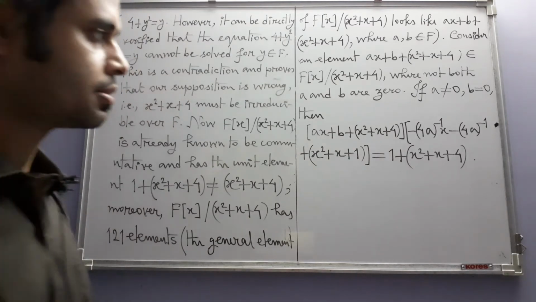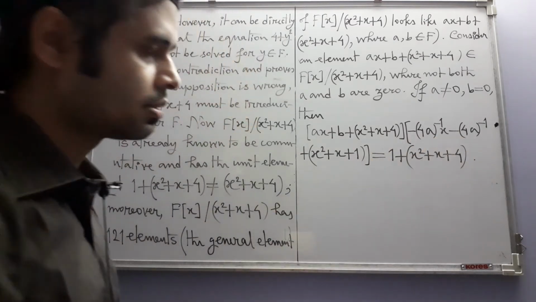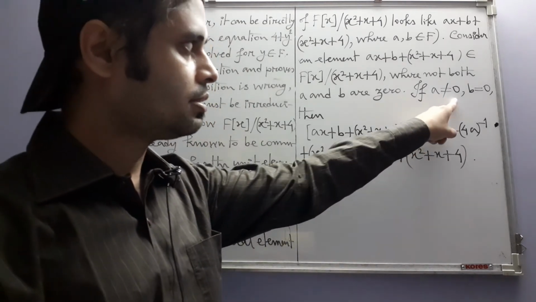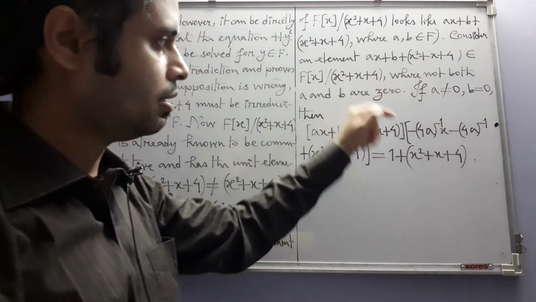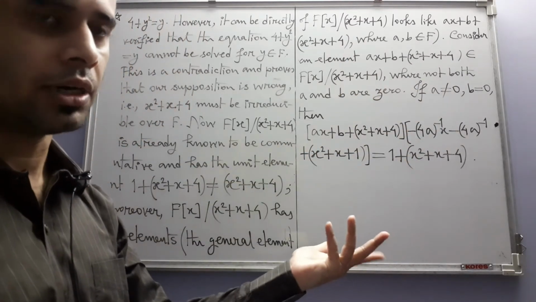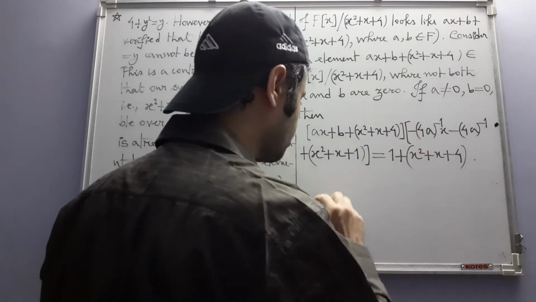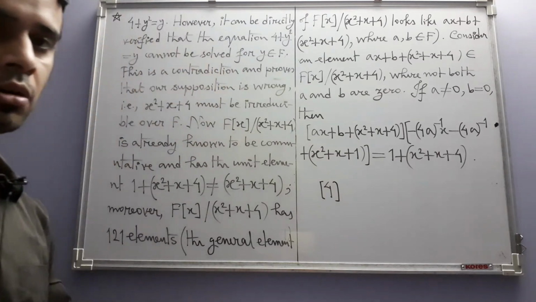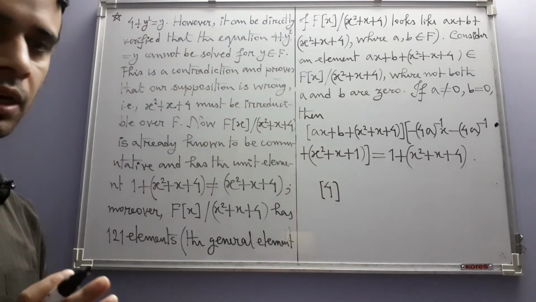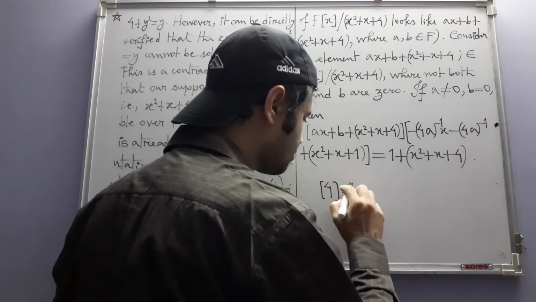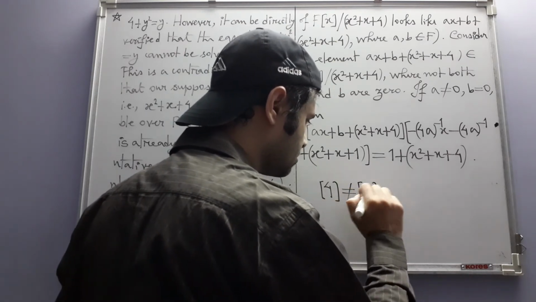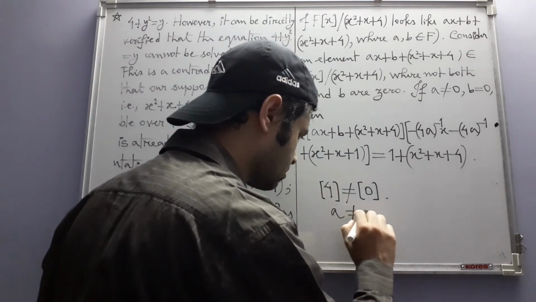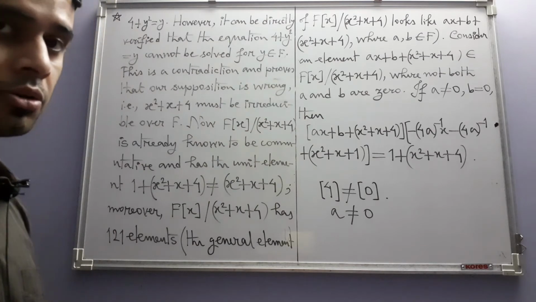But does it make sense? This second element, does it make sense? We have taken inverses in the field. Of course, a is a non-zero element now in our field, so it will have its inverse. But what about this 4? This 4 actually is the congruence class containing the integer 4 modulo 11, which clearly is different from the 0 element in this ring. And a is also one such congruence class, which is not equal to the 0 congruence class.